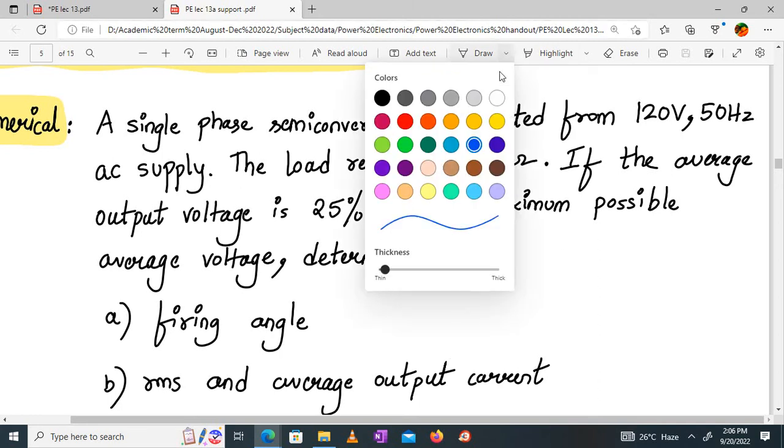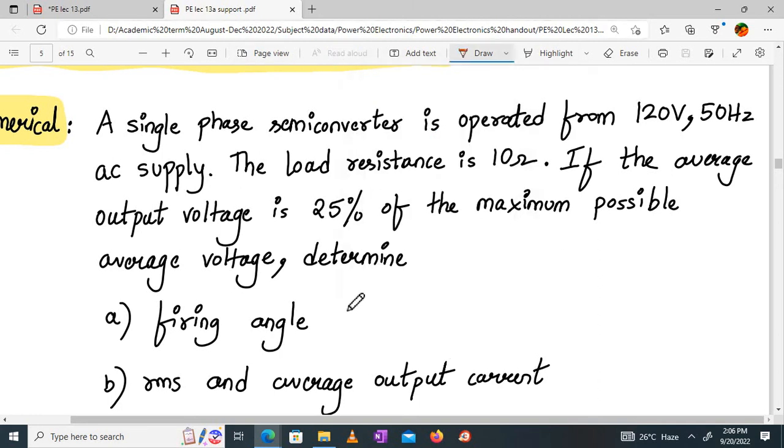So over here, you have to first find alpha, and what you have to find? I out RMS and I out average. Correct? So how will you start?